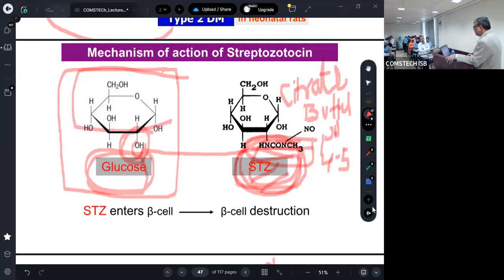Normally, if you make the citrate solution, then its pH is high. How can you make it 4.5? By adding the acid. Who told by adding the acid? Can you raise your hand? One. Another? Raise your hand. You are from which university, madam?